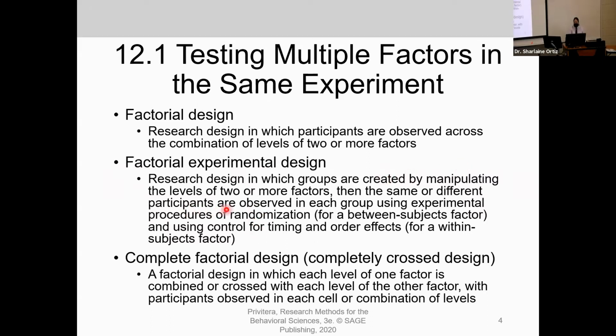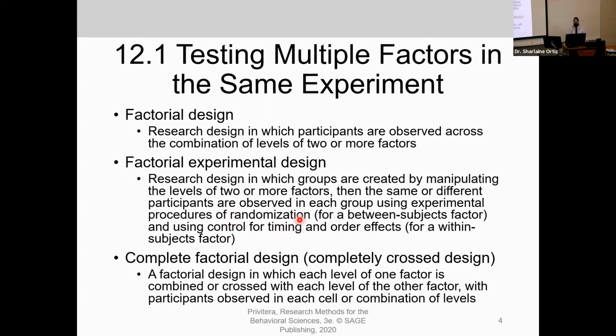Notice that these participants that I am trying to observe are going to be exposed to the process of randomization. And again, we are going to see the between subjects factor, and we're also going to see the within subjects factor. And how is it that we're going to observe that? Well, remember that we're going to use randomization, which is generally seen in the between subjects design.